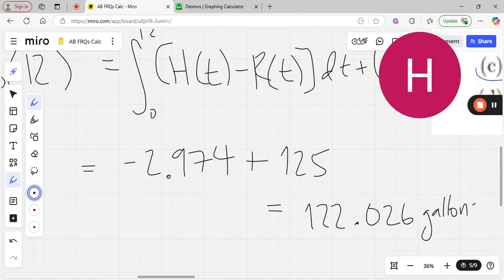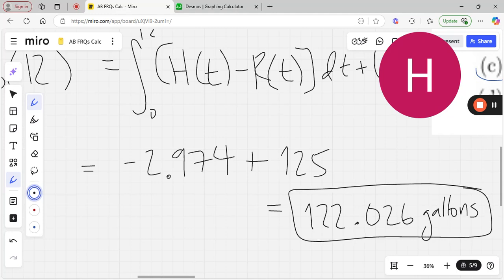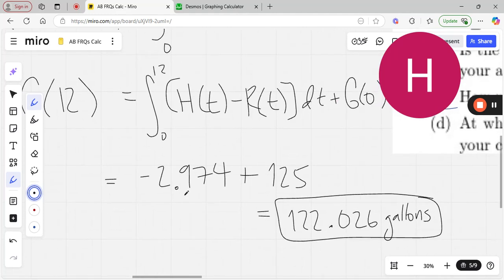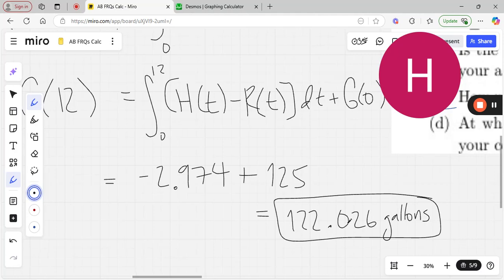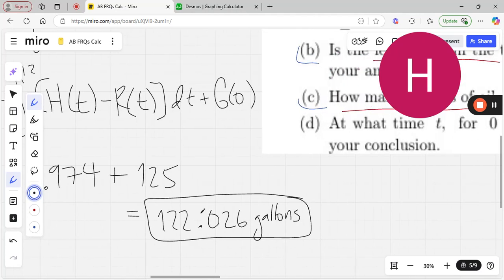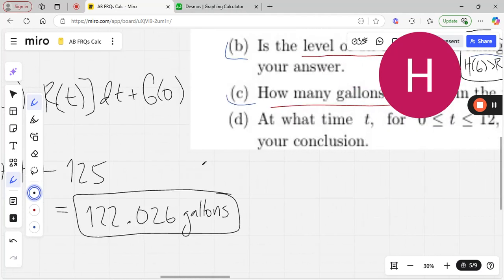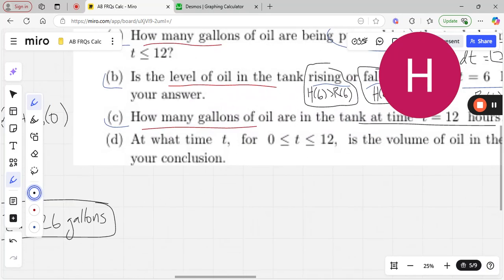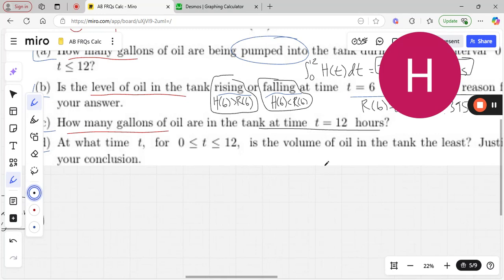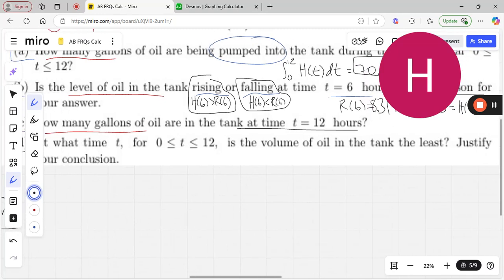That's how many gallons are in there, because the integral part we used the calculator for tells us that overall about 3 gallons has been removed from the tank, the net change. And that's in a complex process of stuff being added and subtracted simultaneously. But at the end of the 12-hour period, we have 122 gallons because 3 were removed, but we started with 125.